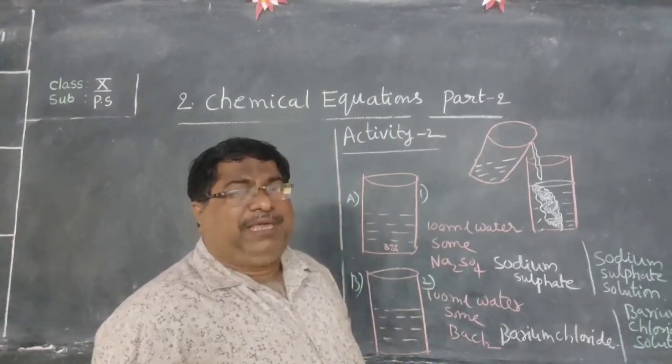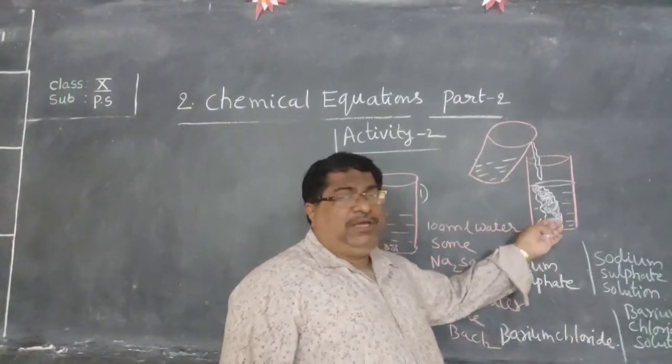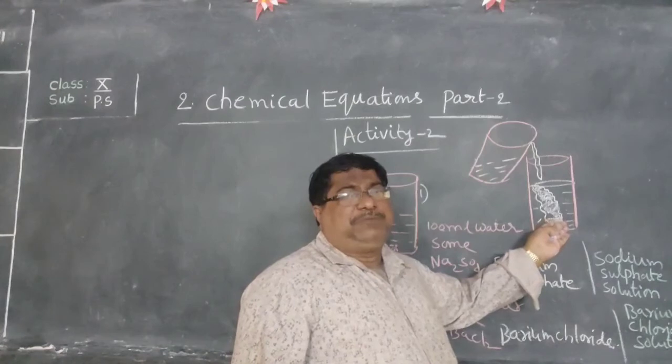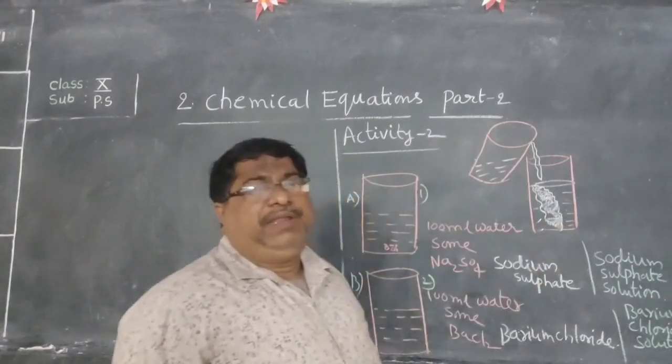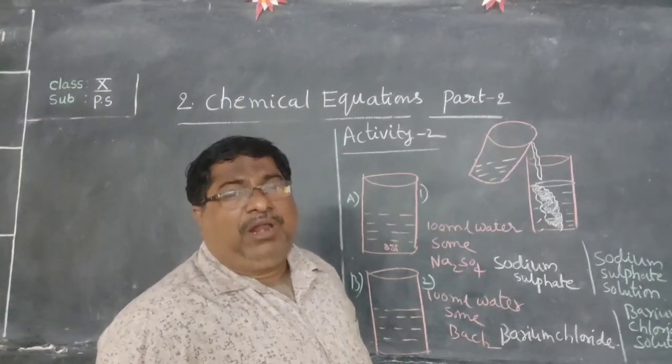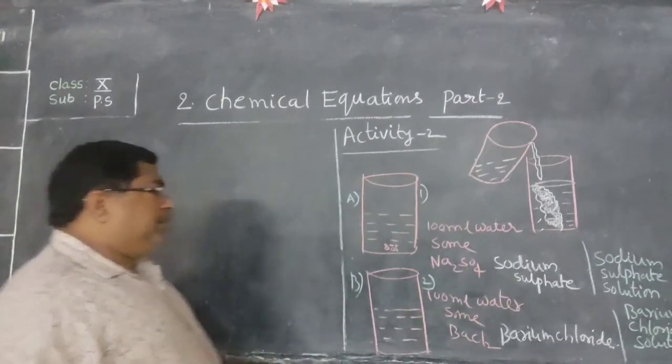Whenever we mix them, we can see a white colored precipitate. This is called barium sulfate. Now you see the reaction.